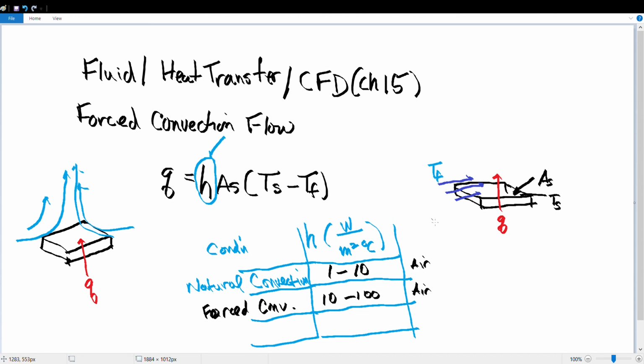And that's when you have a fan. Sometimes you can get larger than 100 if you have fans that impinge the air, so that the air comes to a quick stop. Stagnant flow, if you guys remember, we did some analysis on stagnant flow, I think some streamline calculations. So that's for forced convection.